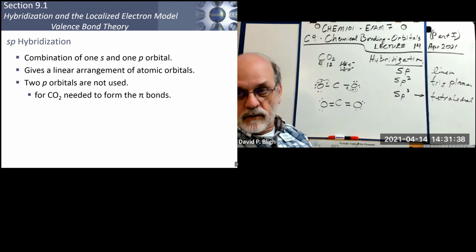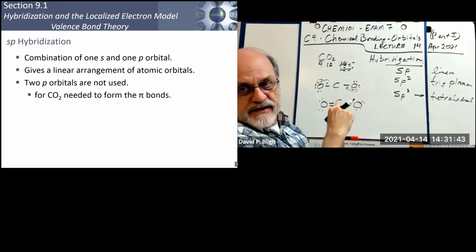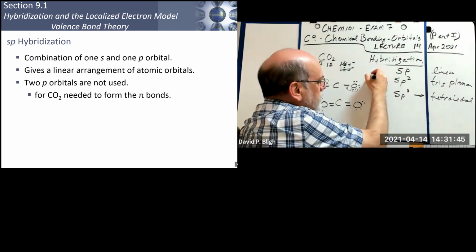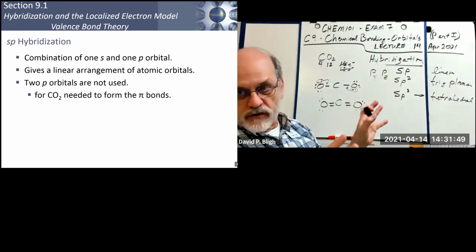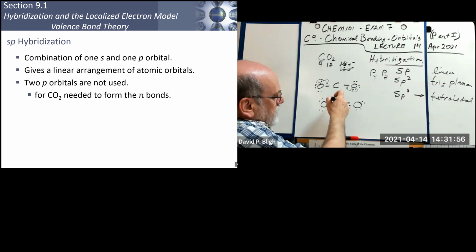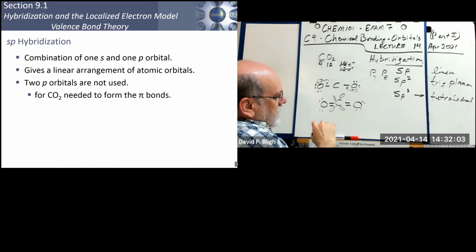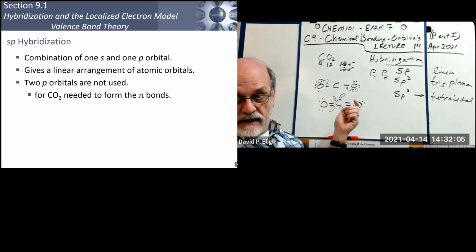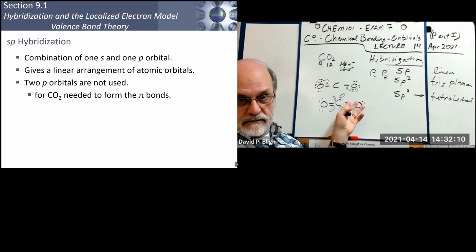Well, how many p's did we not use? Well, let's say we used a p sub x for that one. So that means we've got p sub y and p sub z left over, unused. Okay, so if we have one going this way like that, we have another one going like this and like that, then all we need is some way to overlap with oxygen.